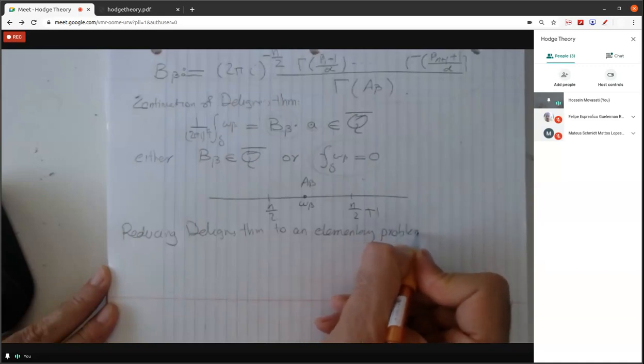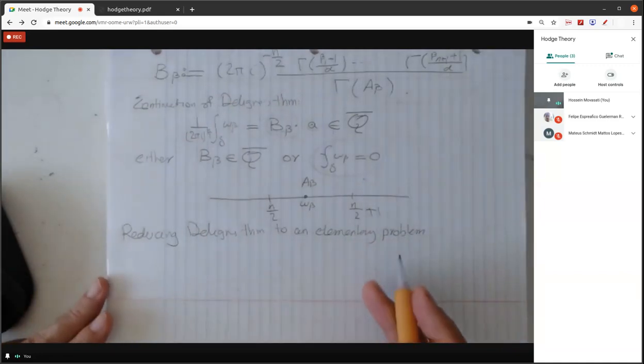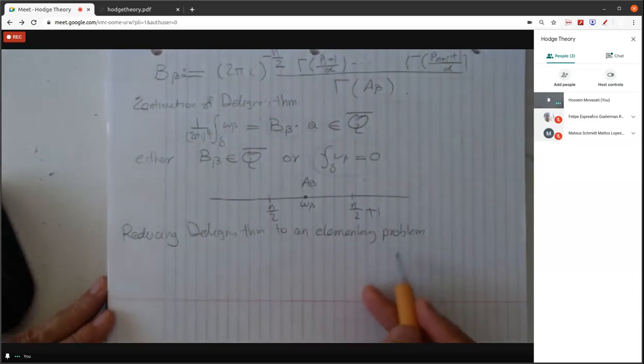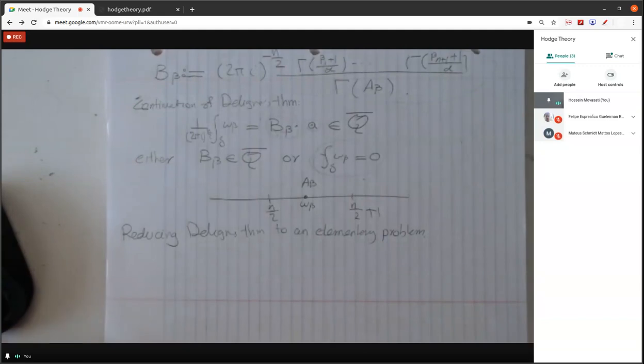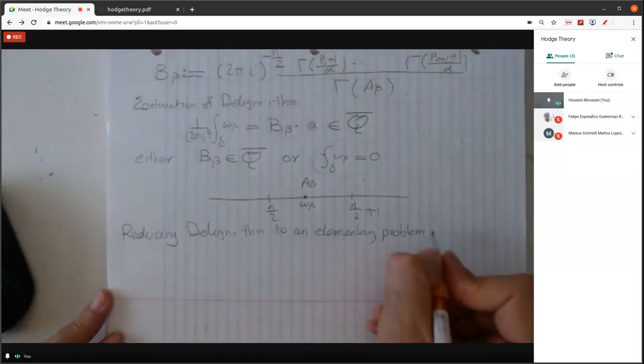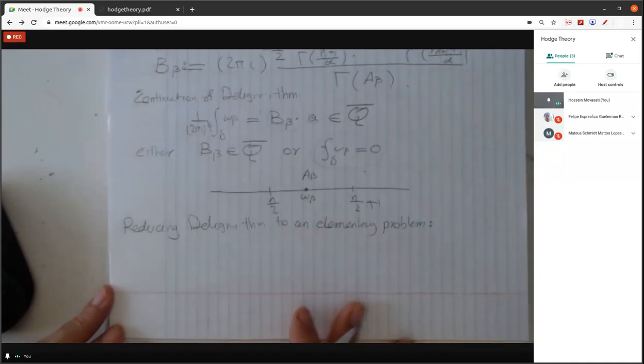So anyway, this is not a proof, but what I'm saying is that at the end, with this elementary problem you don't need the topology, you don't need Hodge theory. With just some basic knowledge of working modulo primes, you can start thinking about this one. Okay, so let's start to do this one.